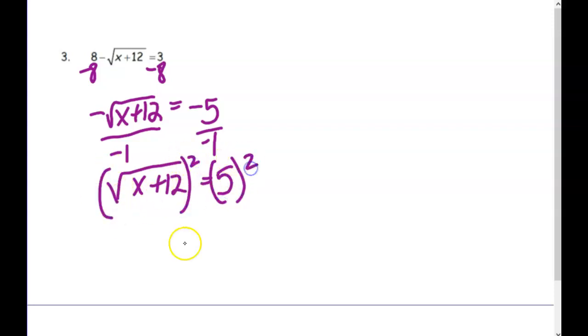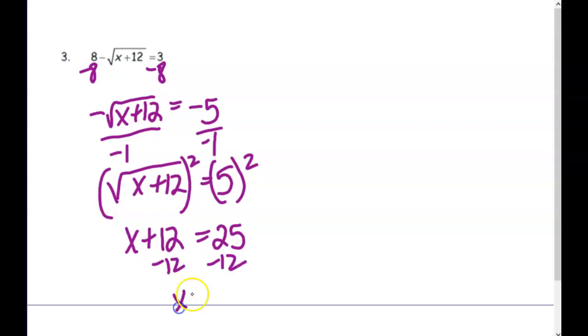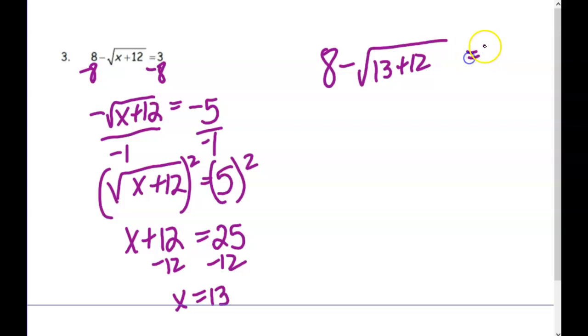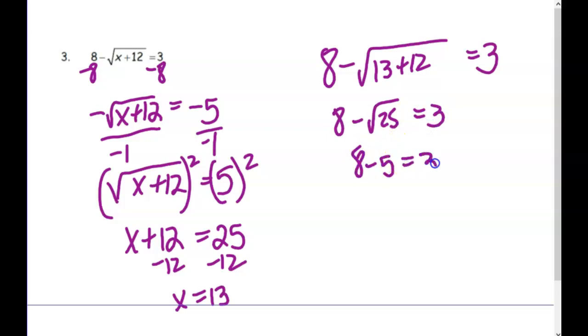Then if we square both sides, we get x plus 12 equals 25, subtract 12, and we get 13. If we do 8 minus the square root of 13 plus 12, do we get 3? Well, this would be the square root of 25, which is 5, so we're good.